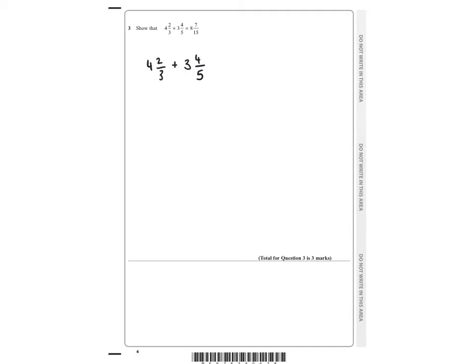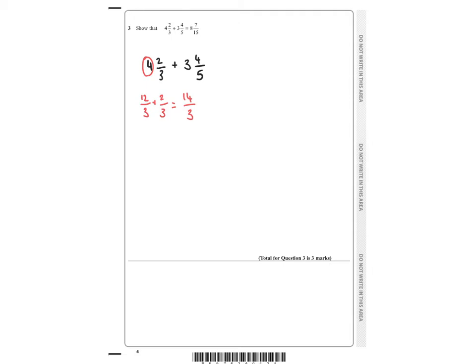So 4 whole ones is 12/3 plus 2/3 is going to give me 14 over 3. Now, the other way we could do that is we could do 4 times 3, which is 12, and then add 2, which is 14, and that's how we get that answer there.